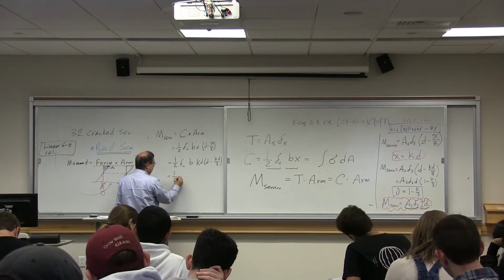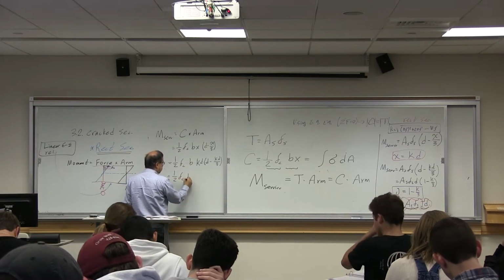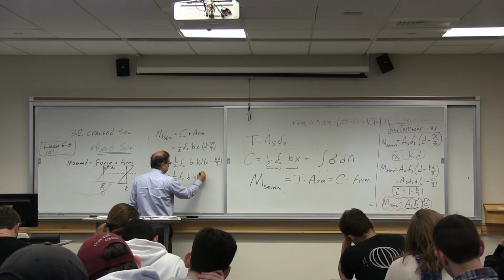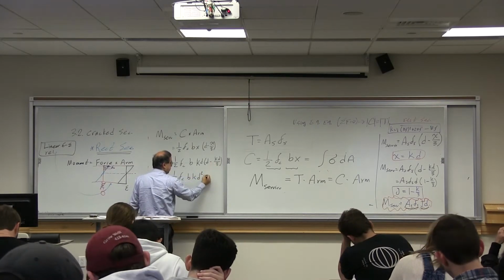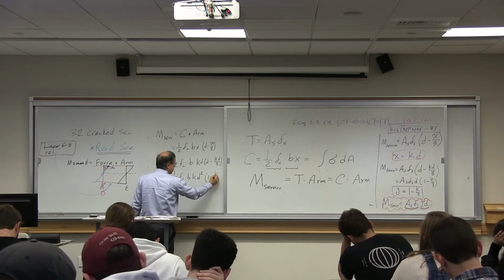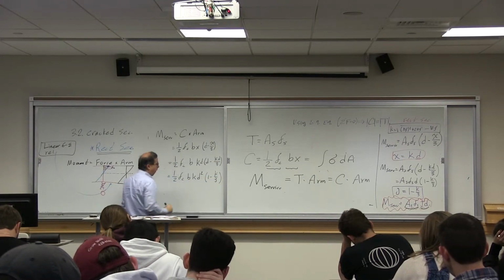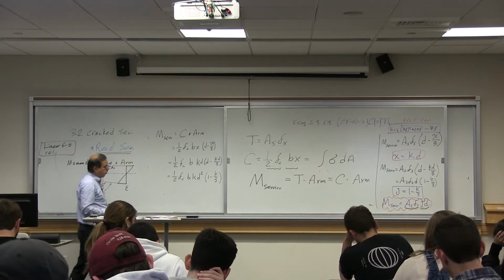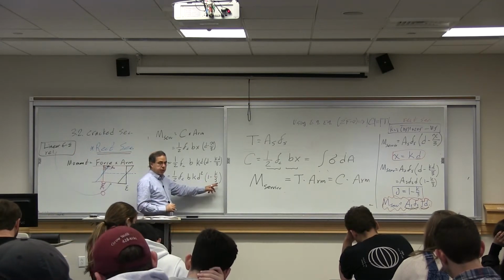Which is equal to 1/2 of fc b k d squared, I factor out d from here, 1 minus k divided by 3. One minus k divided by 3 is j.